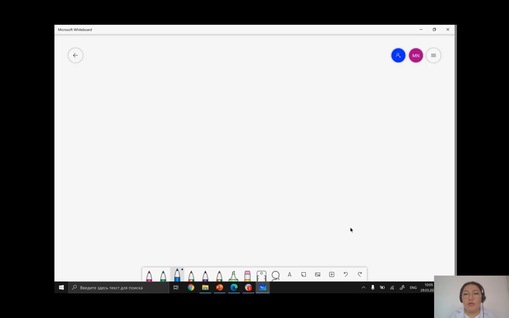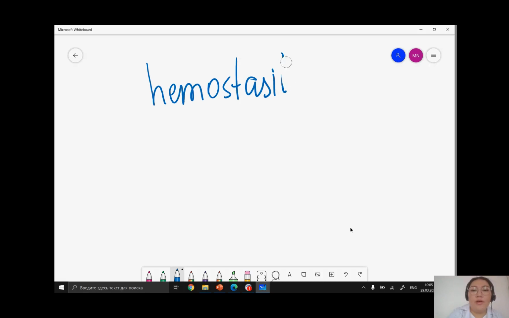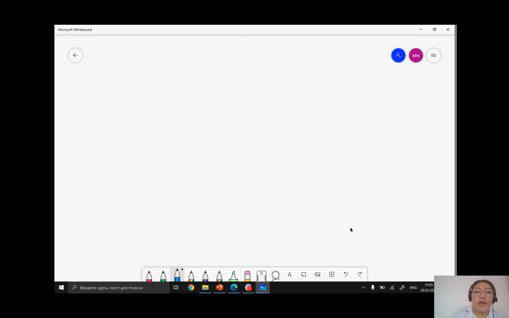Don't mix it with hemostasis. Hemostasis is just a process to stop the bleeding. It's hemo, the same pronunciation. It means you need to stop the hemorrhage.